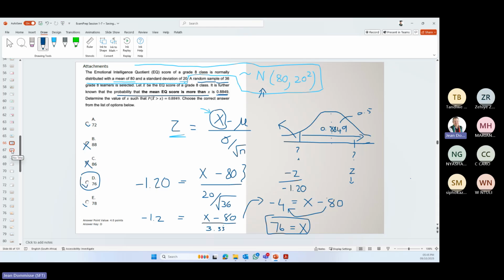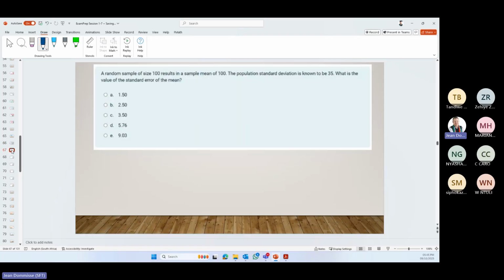Okay, so let's go into another one. Let's see what they tell us. Random sample of size 100. There's your sample mean. There's your population standard deviation. What is the standard error of the mean?